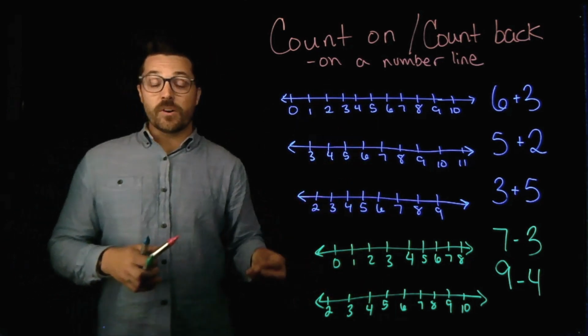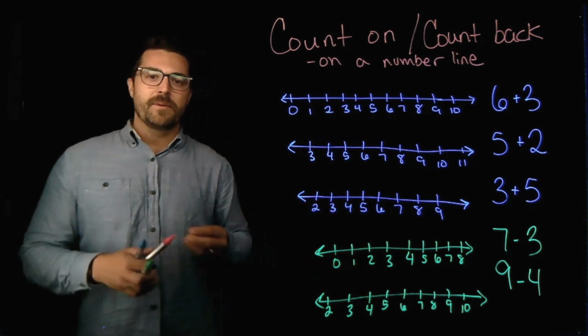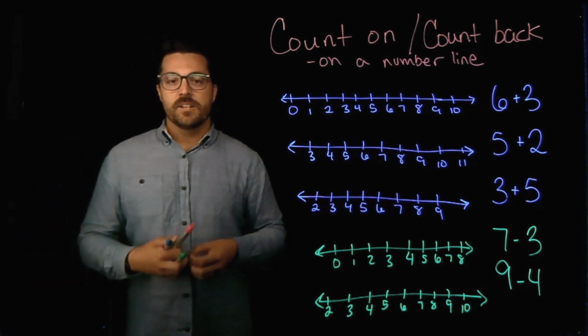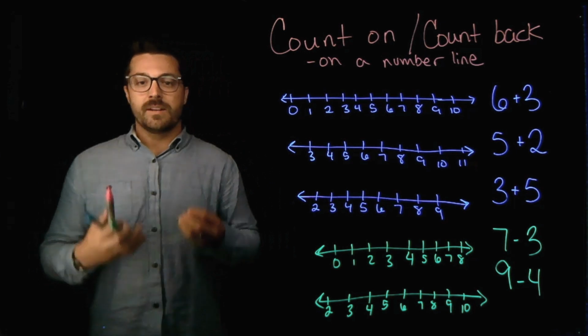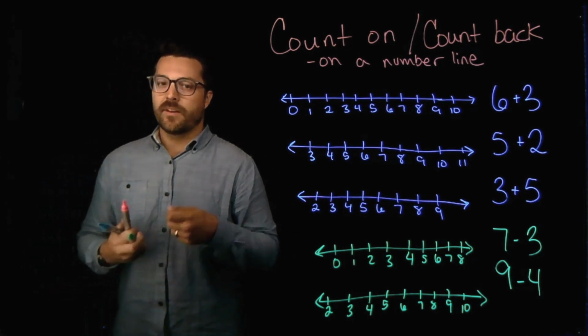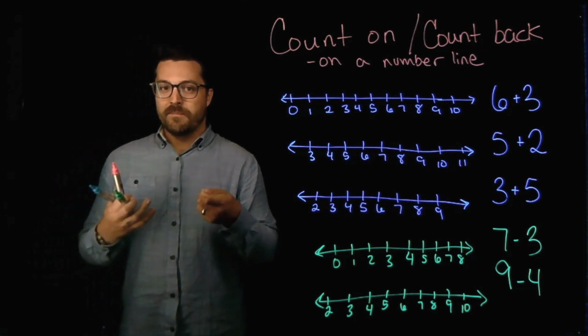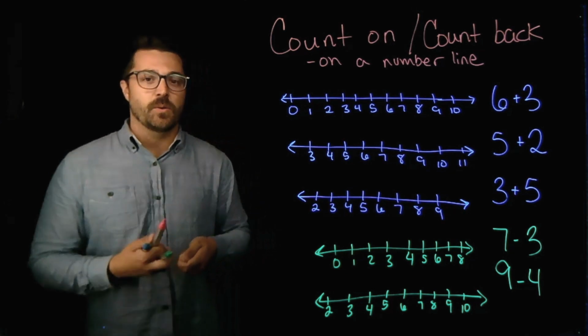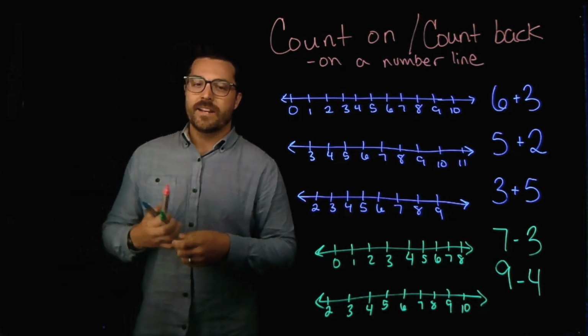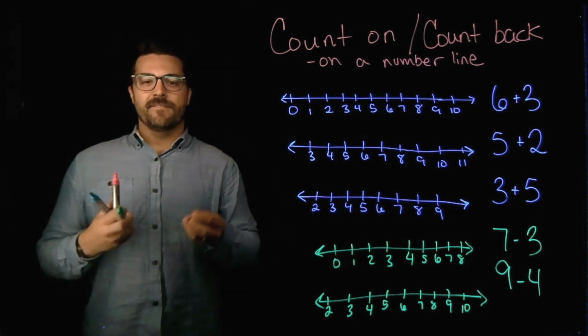When students first start thinking about addition and subtraction and that idea of counting on and counting back, they should first start just with manipulatives, having some physical counters, things that they can touch, whether they're the mathematical manipulatives, the tools, the counters, or if it's just candy or paper clips or any sort of toy, anything that they can physically touch and move.